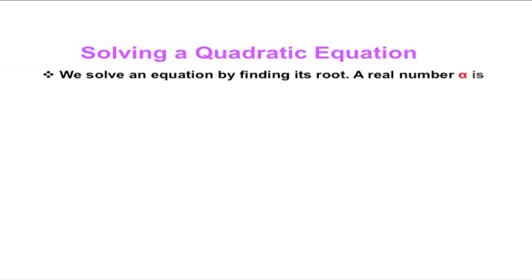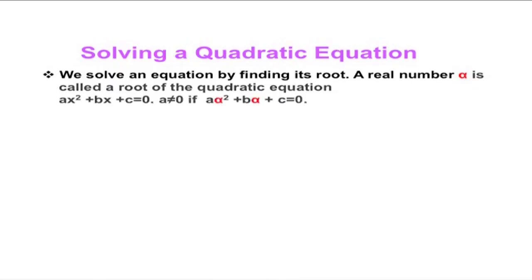Now we are discussing solving a quadratic equation, that is, how to solve a quadratic equation. We solve an equation by finding its roots. A real number alpha is called a root of the quadratic equation ax² + bx + c = 0, where a is not equal to 0, if a·alpha² + b·alpha + c = 0.